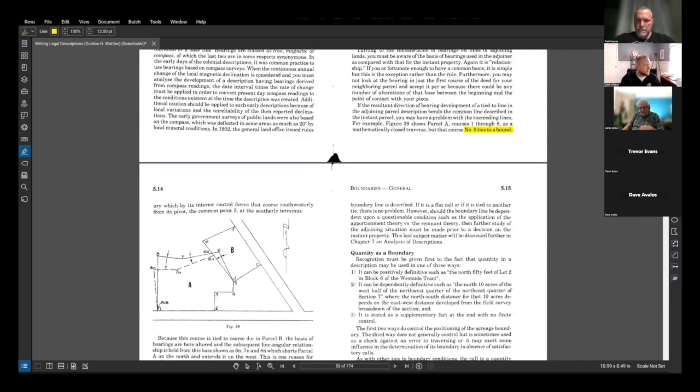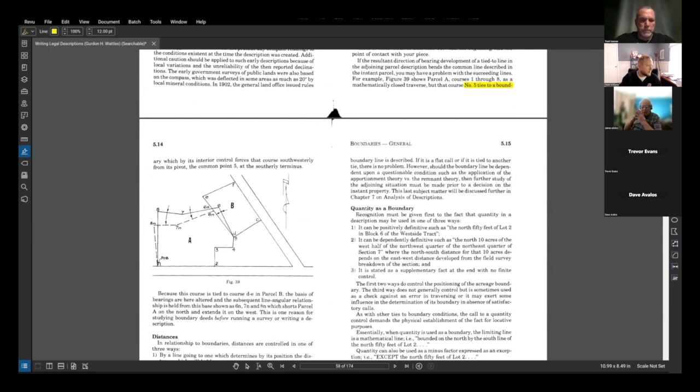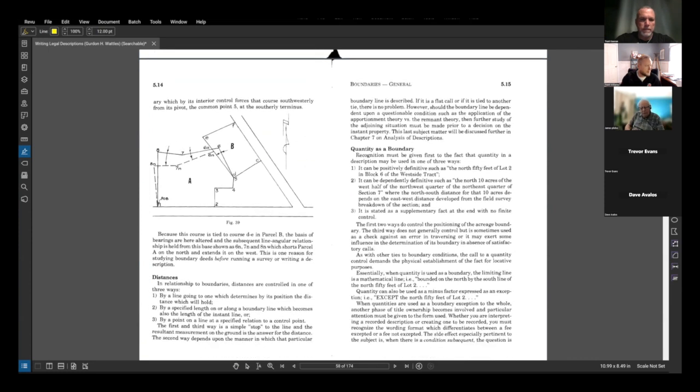Now let's take a look at this. He gives us a diagram of the area that he's talking about, and he begins with the point of beginning at point number 1. It's an east-side tract, and he supposedly has bearings and distances through points 2, 3, and 4.